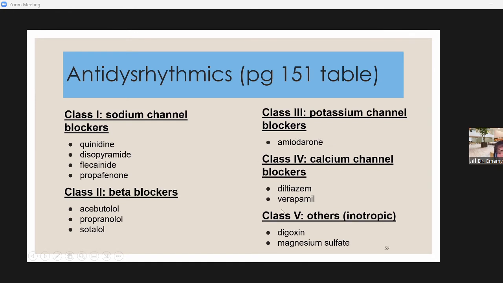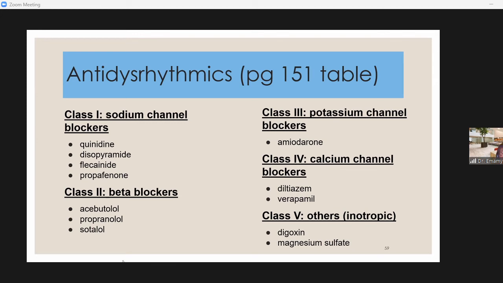What is the best choice for your patient who has dysrhythmia? The answer would be the type of dysrhythmia. What's the reason for dysrhythmia? You look at your patient's ECG strip, if your patient has supraventricular dysrhythmia, tachycardia, bradycardia, or ventricular, then the treatment would be different.